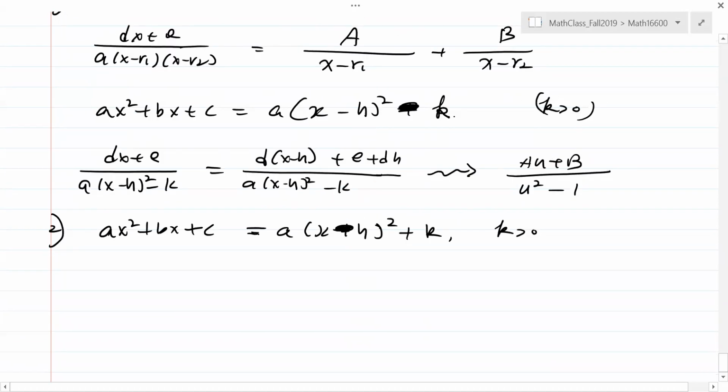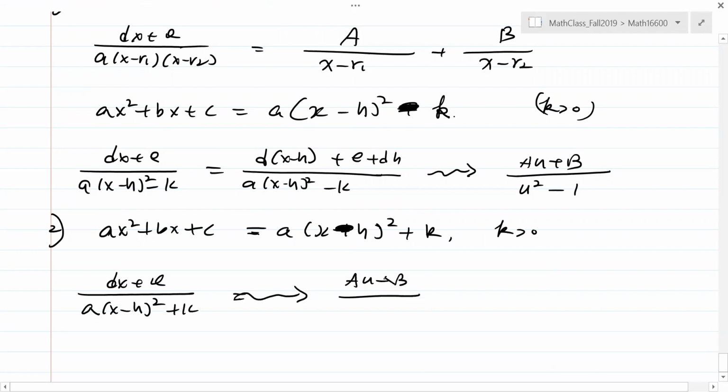Then the only way you can do it is with a substitution. You can get au plus b over u squared plus 1, so you know how to evaluate this integral. Use substitution, and eventually you can get that.